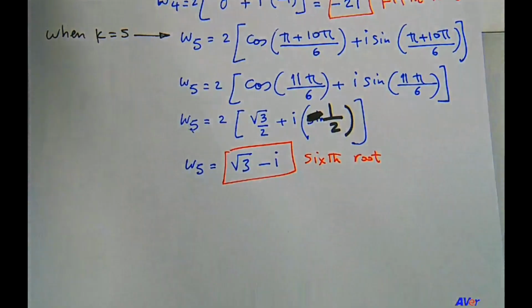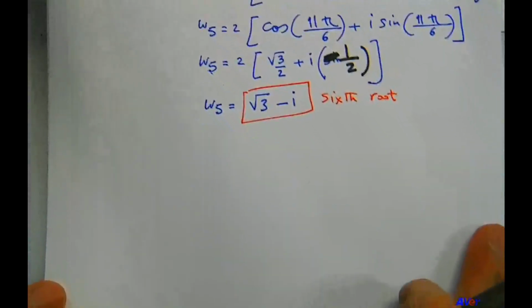6th root. Okay, so you already have this in your notes that these roots, when we try to graph them, are located around a circle at distance equal to each other. So let's just draw that.